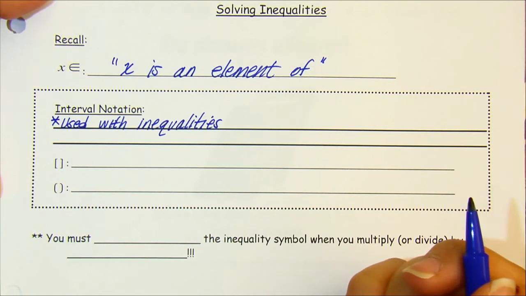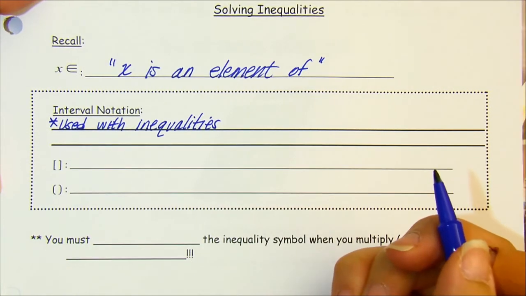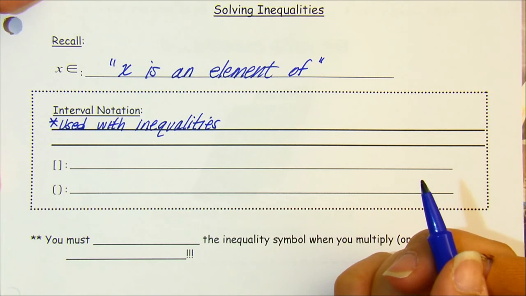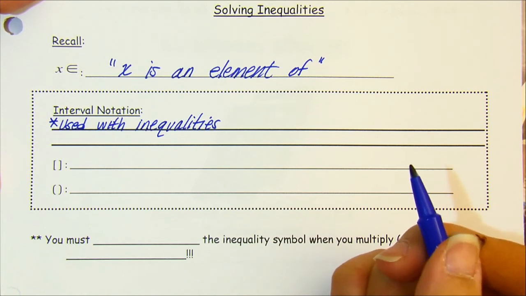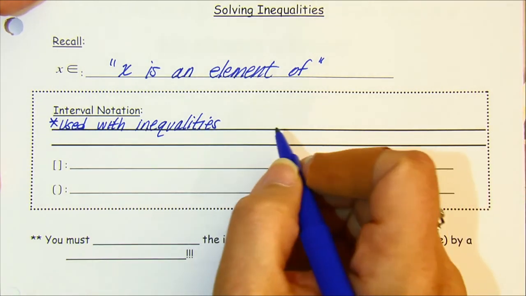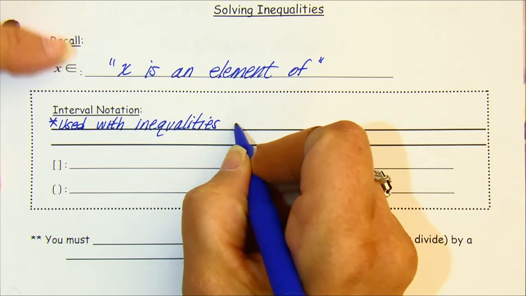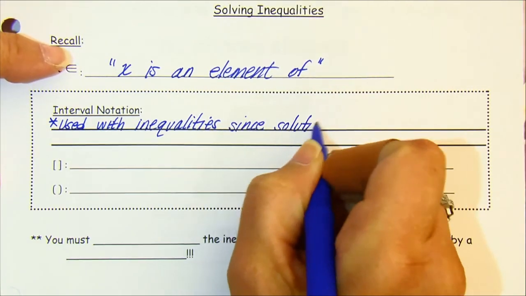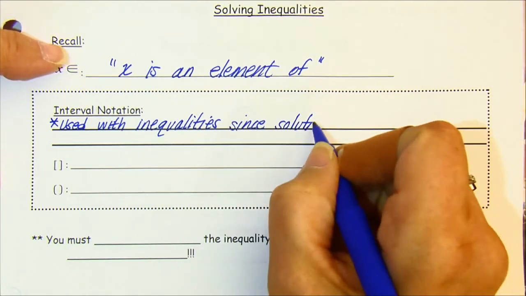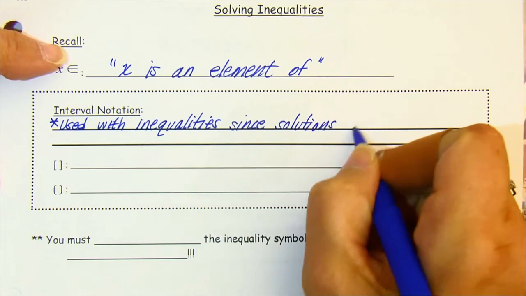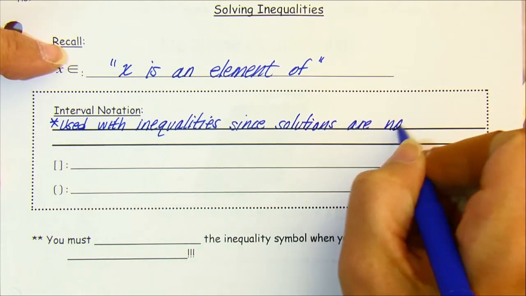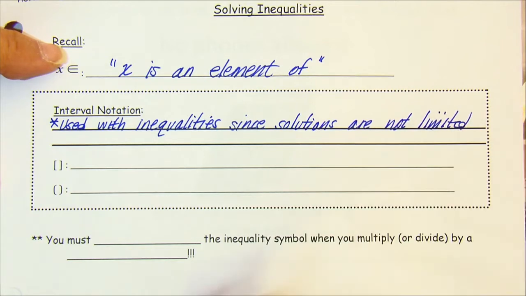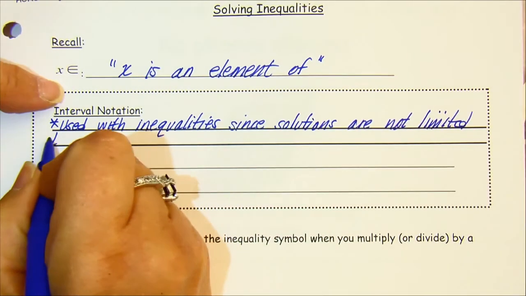You've got some shading going on, indicating that there are solutions in the shaded set. And so we use the interval notation to denote that. So used with inequalities since solutions are not limited to one value.